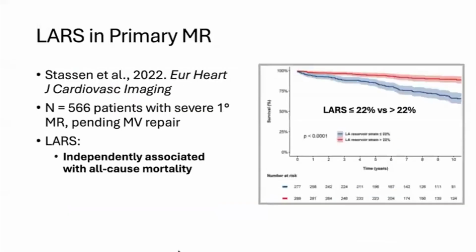What about in primary MR? So the same group actually published a paper in the same year about patients with primary MR. So these were patients with severe primary MR who were already pending mitral valve repair. And they explored a lot of the same outcomes, mortality in and around the time of the procedure. And again, they found that there was an independently associated relationship with all-cause mortality, even adjusting for some of those conventional factors.